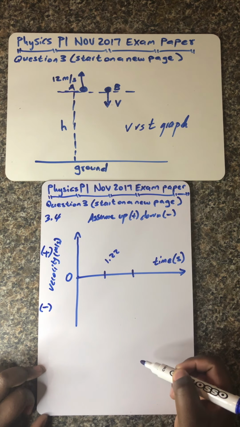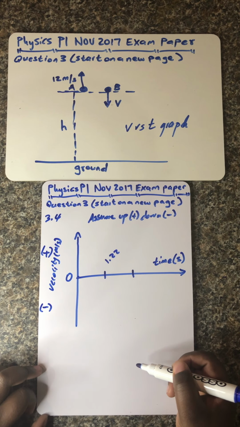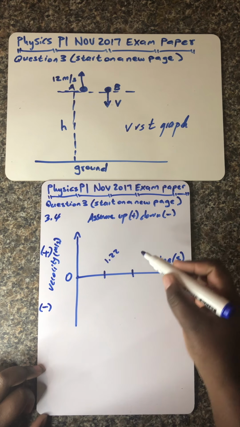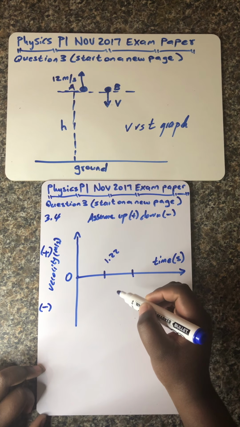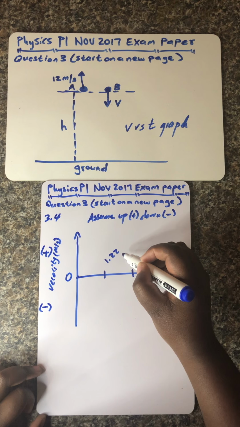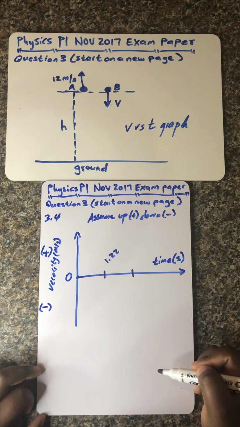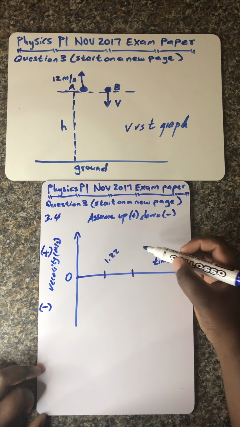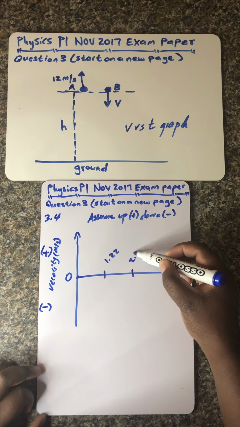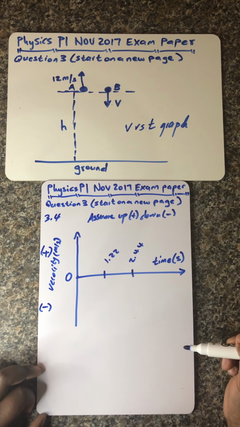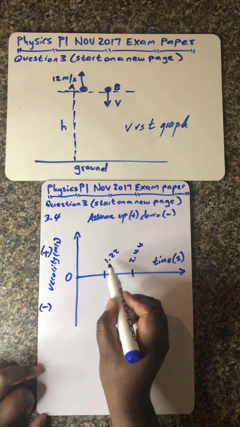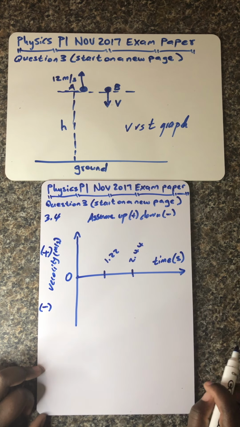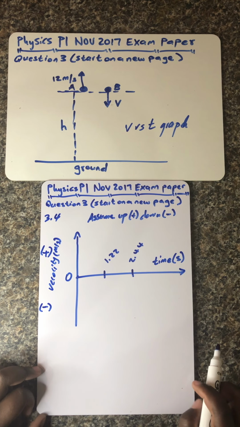I hope you remember from the previous calculations. As it goes up, it takes 1.22 seconds. For it to return to the same level, it will take another 1.22 seconds. Then it makes 2.44 seconds. So from there to there, it's 1.22, another 1.22. That's why it's 2.44. Okay?